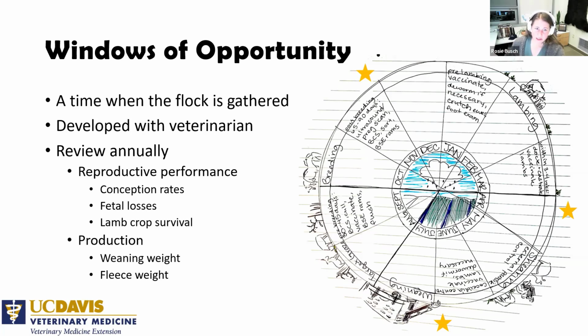And then we have shearing, and then pre-weaning, we might consider coccidia control, vaccines and their boosters, and deworming if necessary. So it's one way to look at your management system and when you can do these preventative health events.